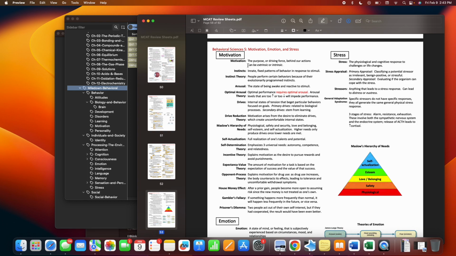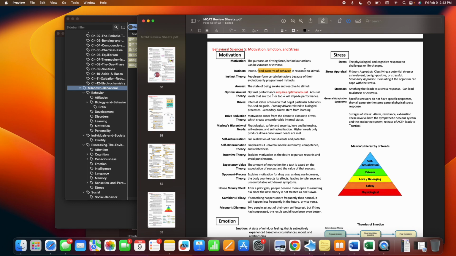Then we have instincts. They are innate, fixed patterns of behavior in response to stimuli. It's safe to say that AIs have instincts because they have a fixed pattern of behavior in response to each stimulus.